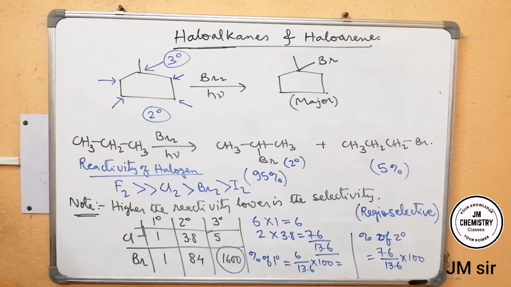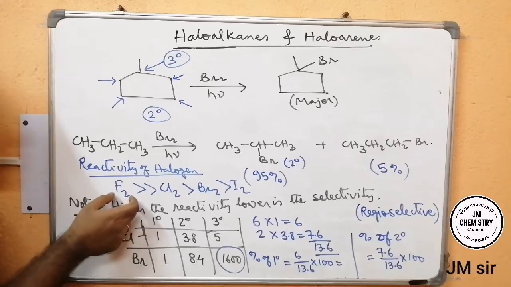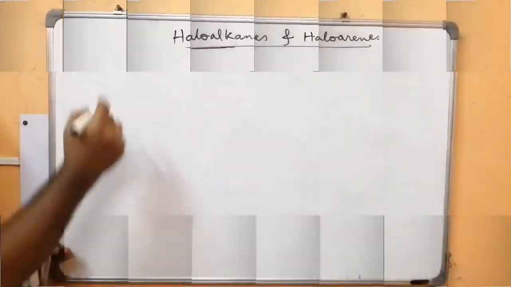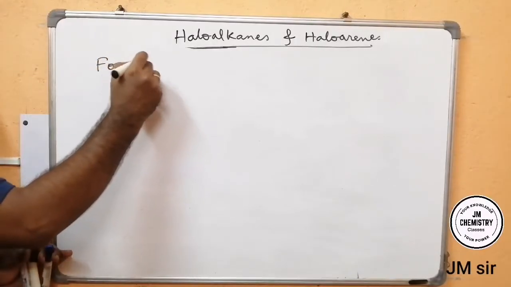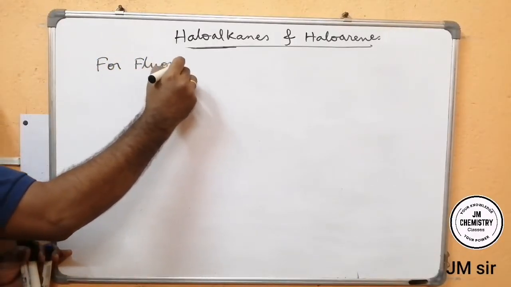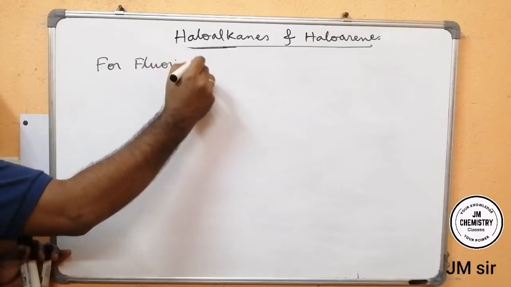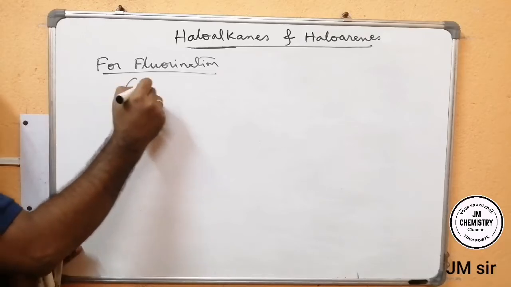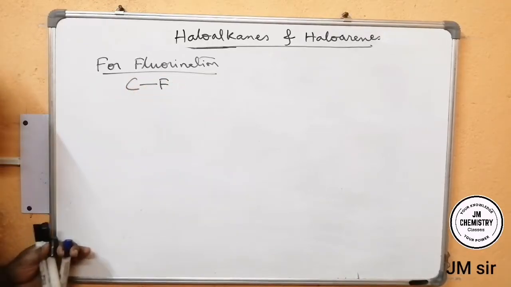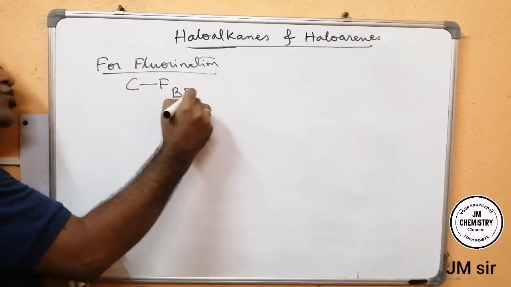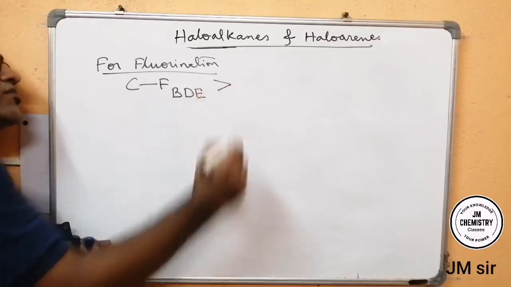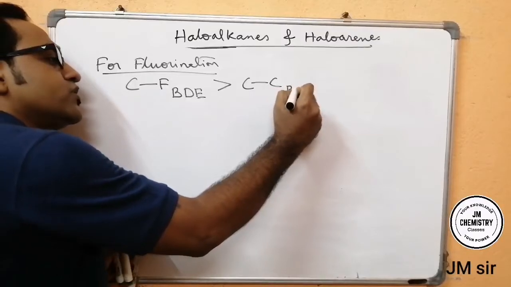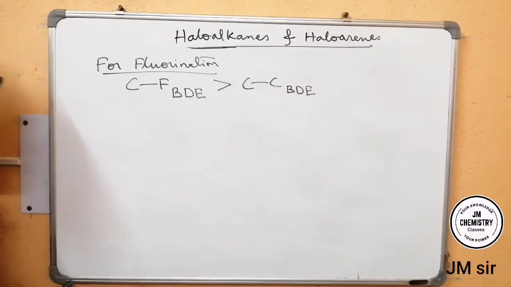Next we will move on to fluorination and iodination. Now for fluorination, the carbon-fluorine bond dissociation enthalpy is much greater than the carbon-carbon single bond dissociation enthalpy. So what does it mean?